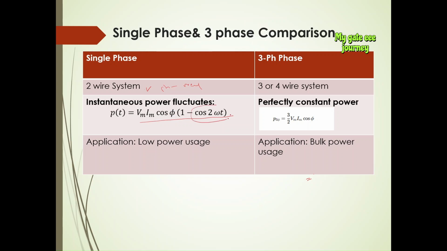Here you will have a frequency component of 2 omega, whereas in 3 phase power there is no frequency component. Hence you can see, let us say this is 3 phase power which is very constant with respect to time, whereas single phase power will have some oscillating component.